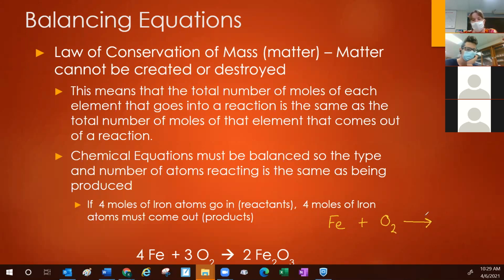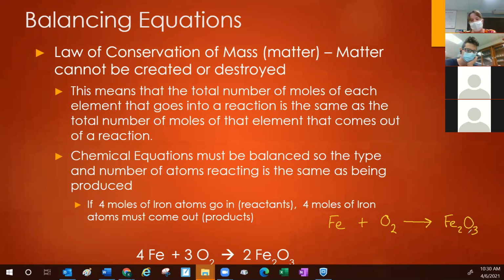When we mix those 2 together, we end up with something called iron 3 oxide. Okay, we'll talk about the words later. But this is the basics of the reaction. We're taking iron and oxygen, putting them together, and forming this compound. We'll learn how to write these later. Right now, we just need to worry about balancing them.